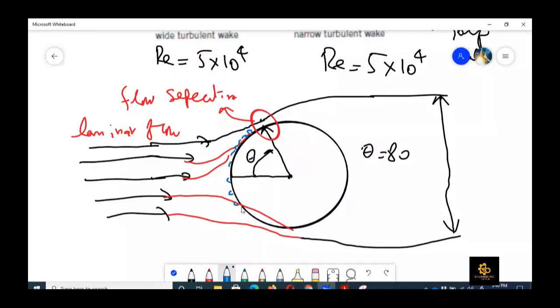It would trigger the flow towards turbulence even at a low Reynolds number of 50,000, right? Because we know that when there is turbulence, we have velocity fluctuation.